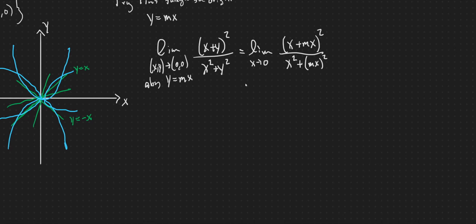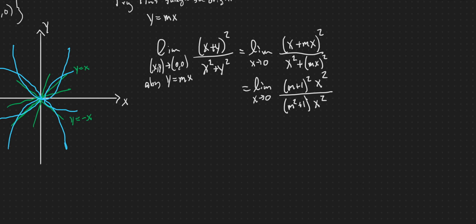All right, so what does this give me? Let's check that out. Limit as x goes to 0. Well, up here, I have 1x plus mx, so that's (m plus 1)x, and that's being squared. So this is (m plus 1) squared times x squared. On the bottom here, I'm going to have m squared times x squared, and then I have another x squared, so that's (m squared plus 1) x squareds.